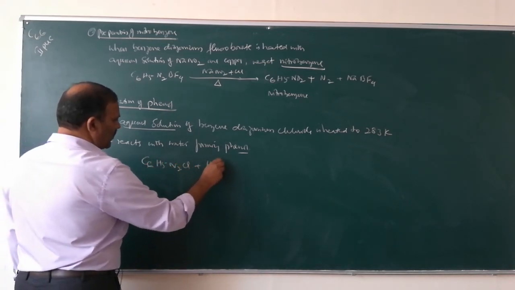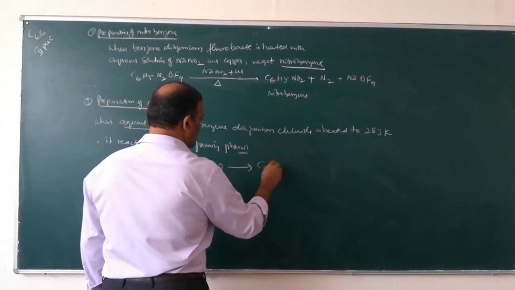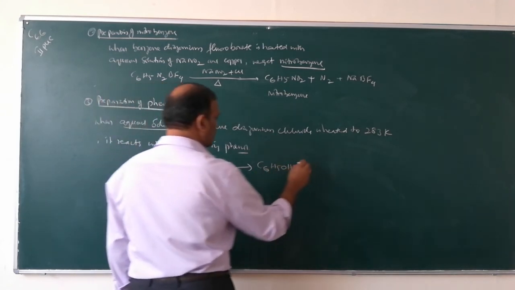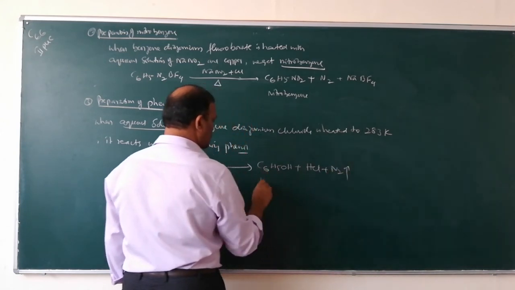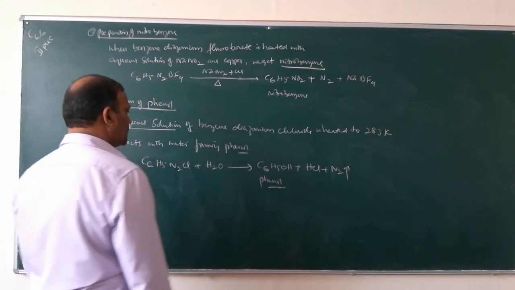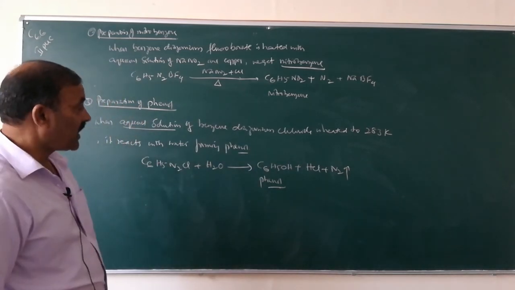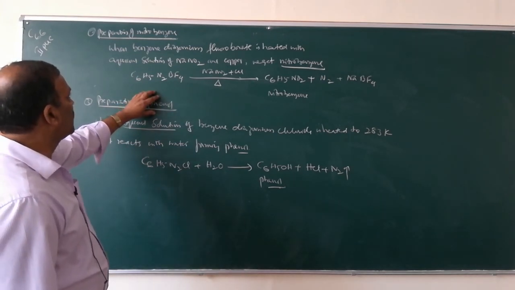So C6H5N2Cl plus H2O, you will get C6H5OH plus HCl plus N2. So this one is phenol. So this is how we can prepare phenol from benzene diazonium chloride.